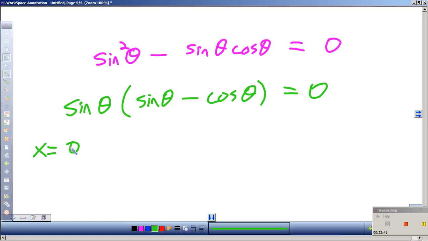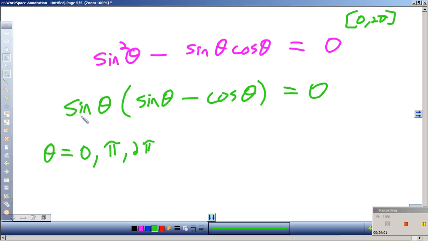So x equals 0. Let's just go in the 0 to 2 pi range for this one. Okay, 0. Any other solution for sine equals 0? I should say theta equals 0. Any other angle? Pi, 2 pi. Okay, that takes care of that one.